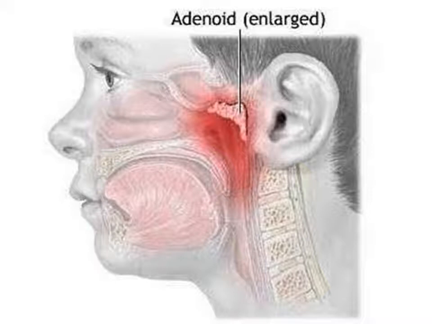Near to these adenoids, there is opening of eustachian tube, and there is present a pair of tubal tonsils.